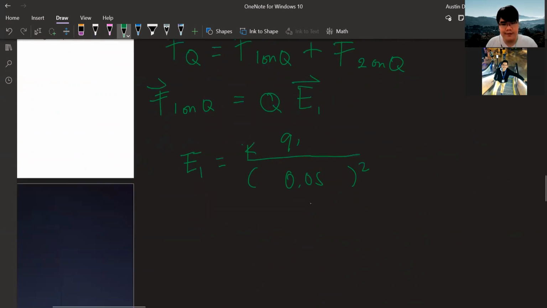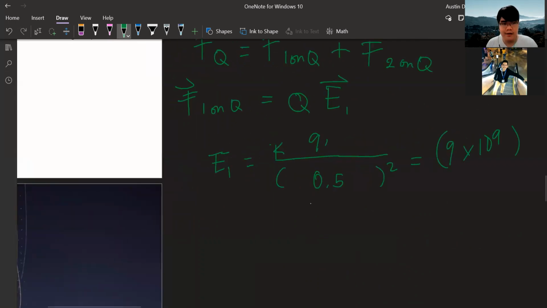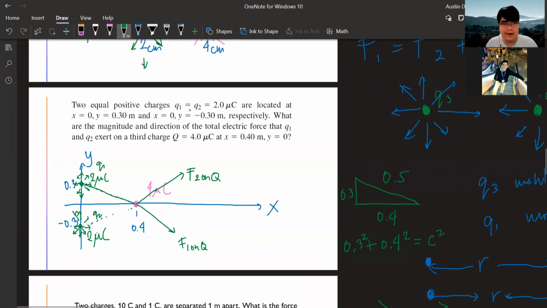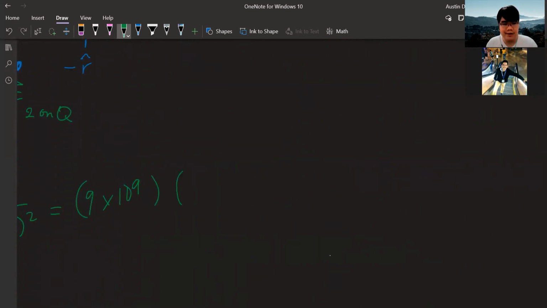So, 0.5. And we have to plug in things now. So, 9 times 10 to the 9 as usual. Then, Q1 would be 2 microcoulombs. So that's 2 times 10 to the negative 6. Nakapagod, no? Times 10 to the negative 6. Okay?